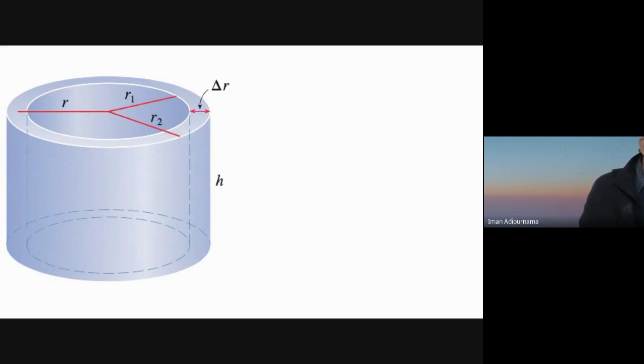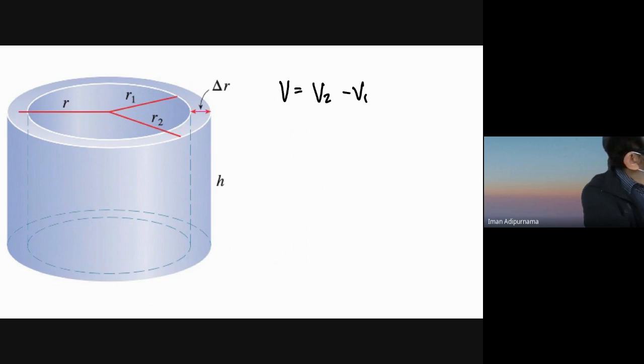The volume is volume 2 minus volume 1, which means volume 2 is the cylinder with R2, and volume 1 is the cylinder with radius R1. Taking this into the formula, this will be pi R2 squared multiplied by the height, minus pi R1 squared multiplied by height.